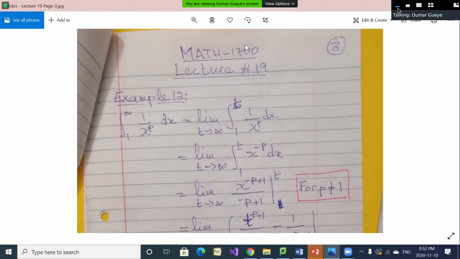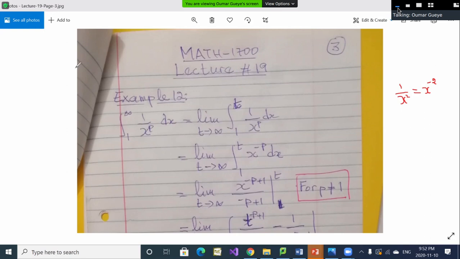For example, when I have 1 over x squared, if I send it to the top, it becomes x to the power -2. That's the meaning of this writing. That's exactly what I use. Is it okay? Now I'm going to use the power rule.